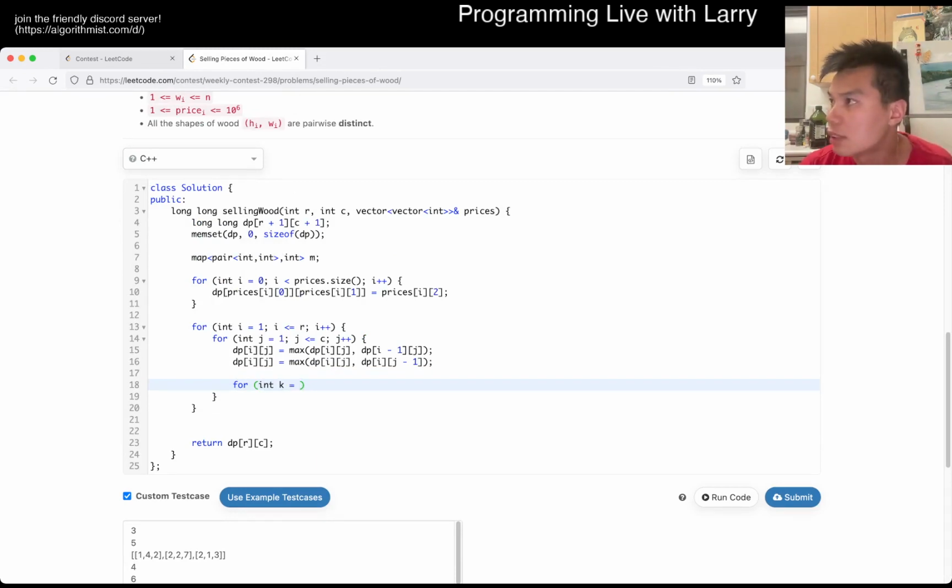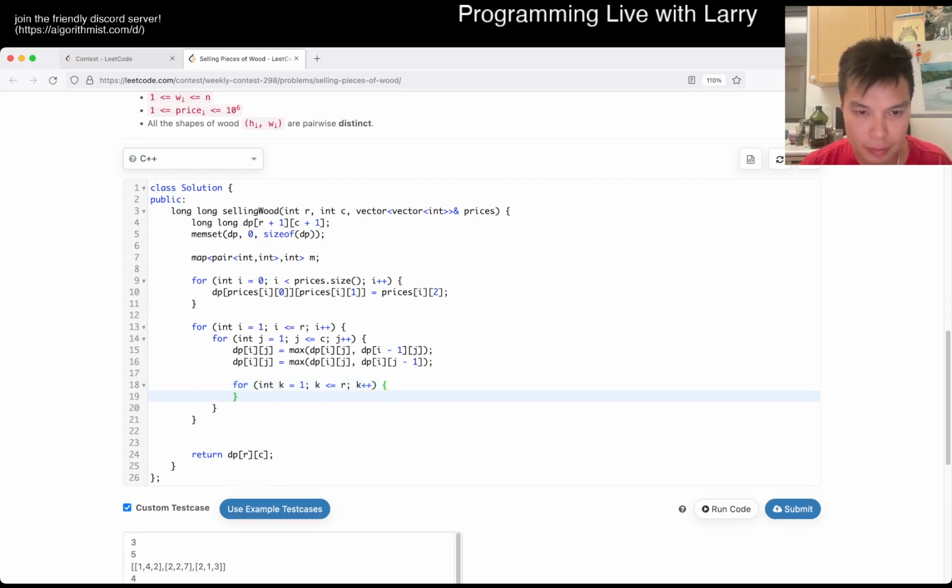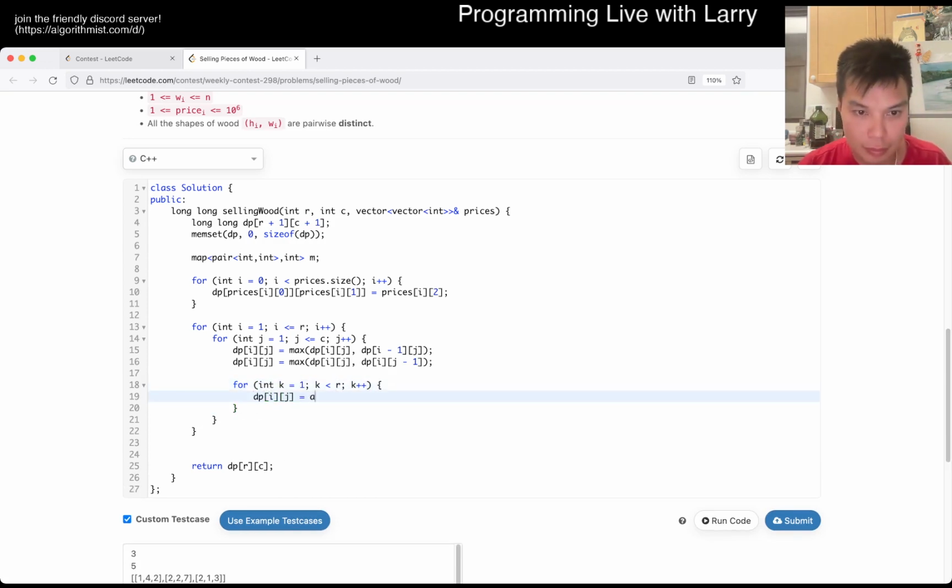How do I do it? Okay. No, it has to be from i piece. Something like that.